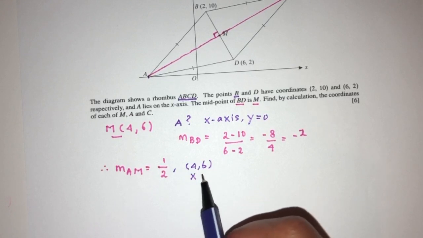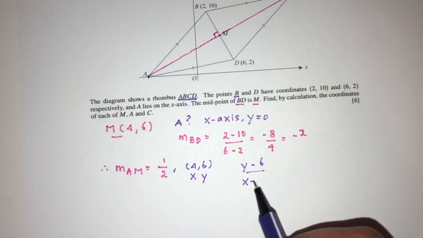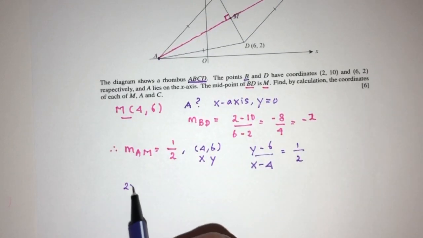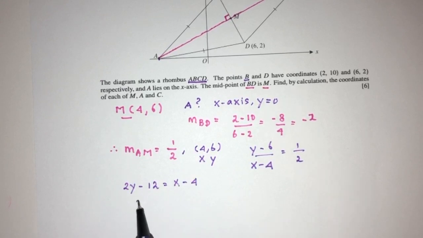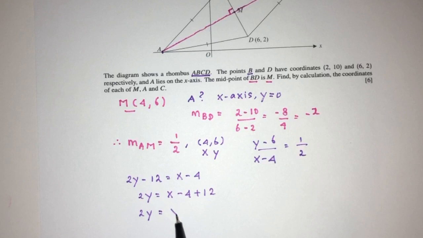We can find the equation. That will be y minus 6 over x minus 4 has to be half. Cross multiply, you will have 2y minus 12 has to be x minus 4. 2y has to be x minus 4 plus 12. So you have 2y has to be x plus 8.